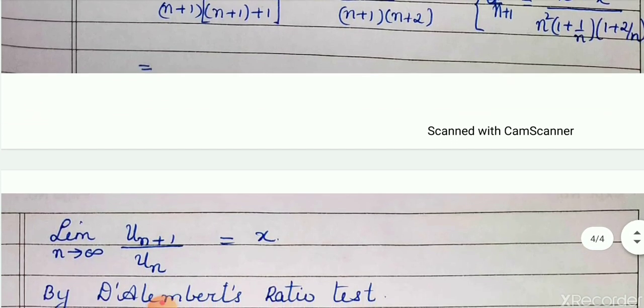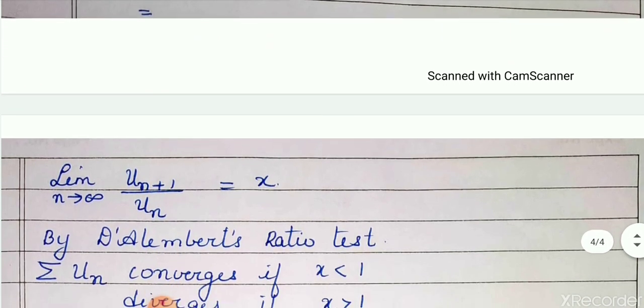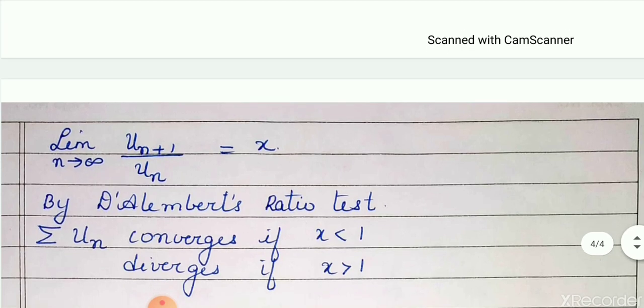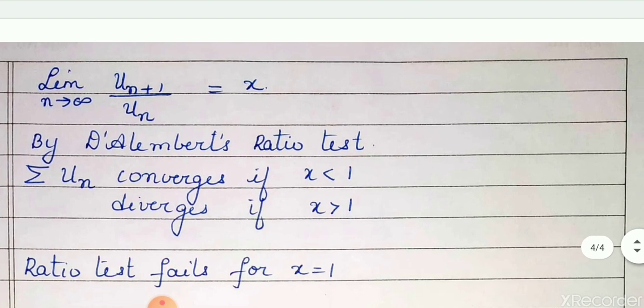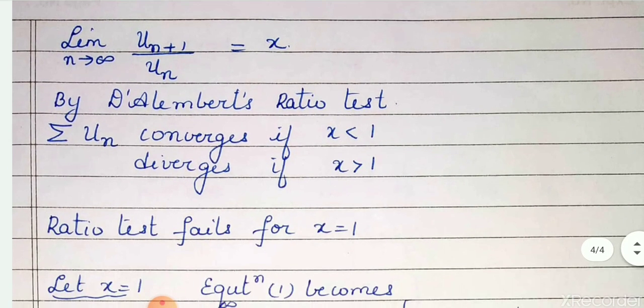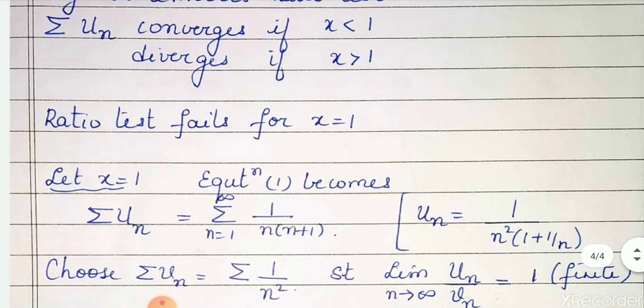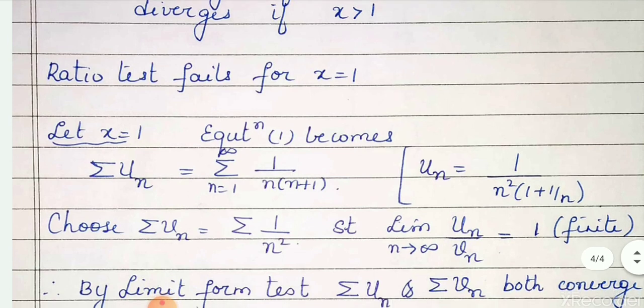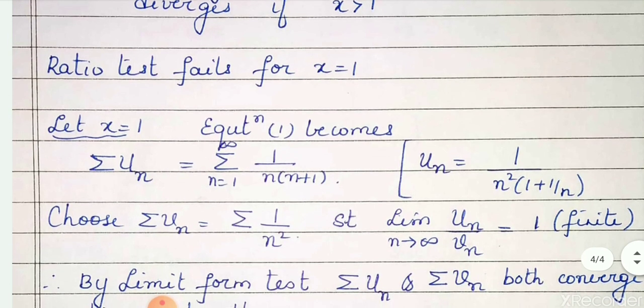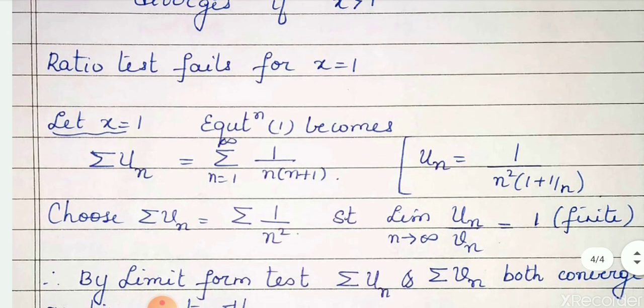If you go for D'Alembert's ratio test, you're going to get x here. You're going to just conclude like the previous example for x greater than or less than 1. Then since the ratio test fails, I'm not discussing this completely. All the steps are mentioned here, you can follow.